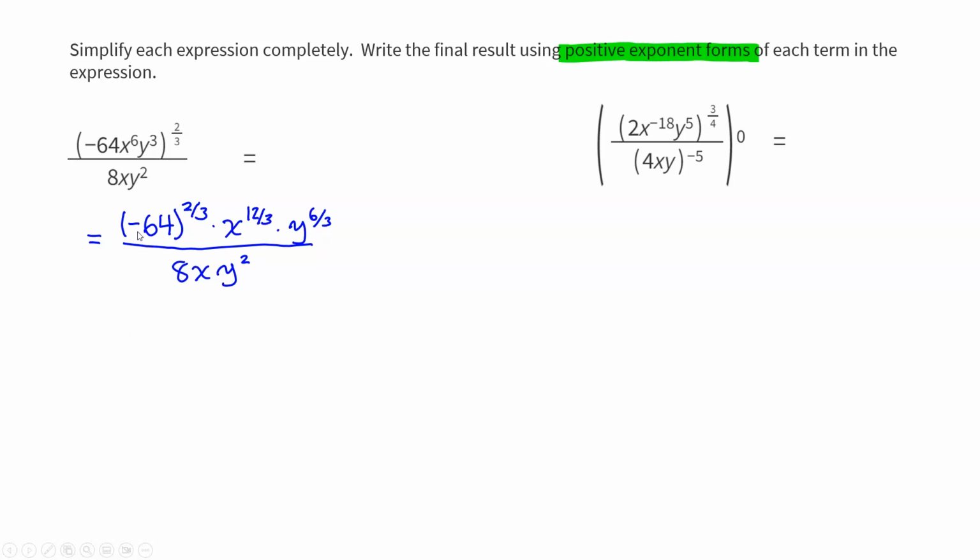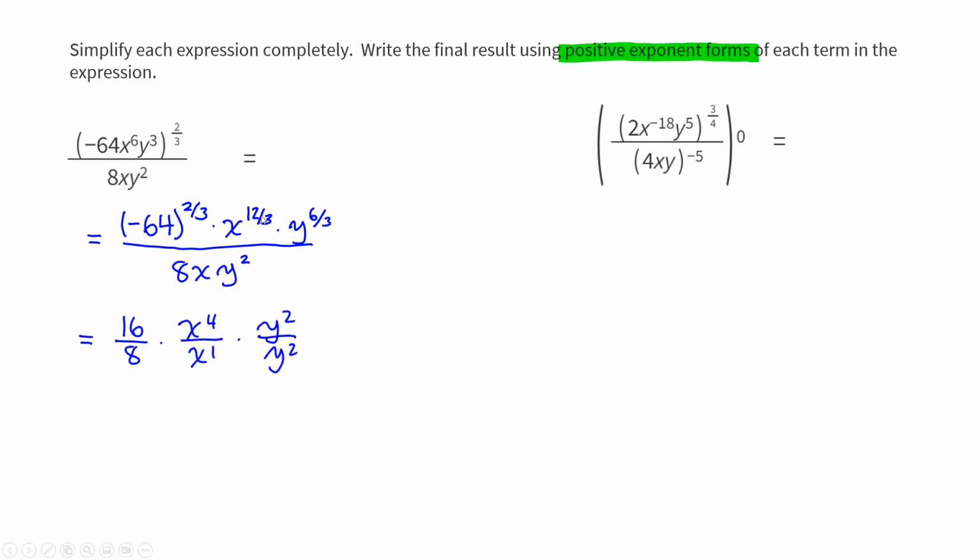If you do negative 64 to the 2/3 power, well, the 1/3 part of it is going to be a cube root, and if you take the cube root of negative 64, you get negative 4, and if you square that, you get 16. So negative 64 to the 2/3 is 16. That's going to be over the 8, which is the coefficient.